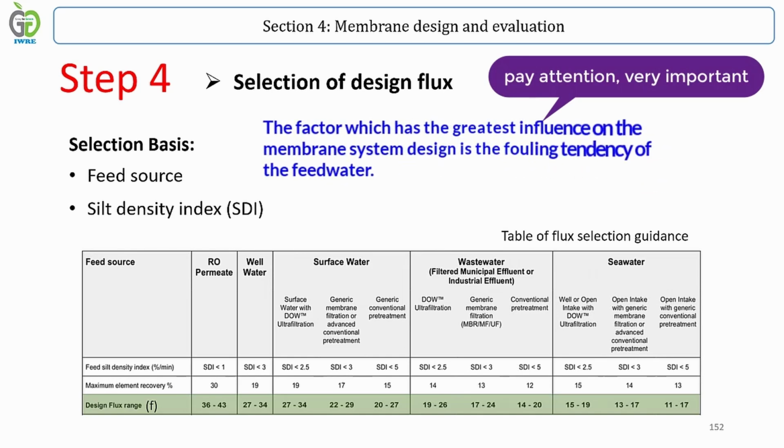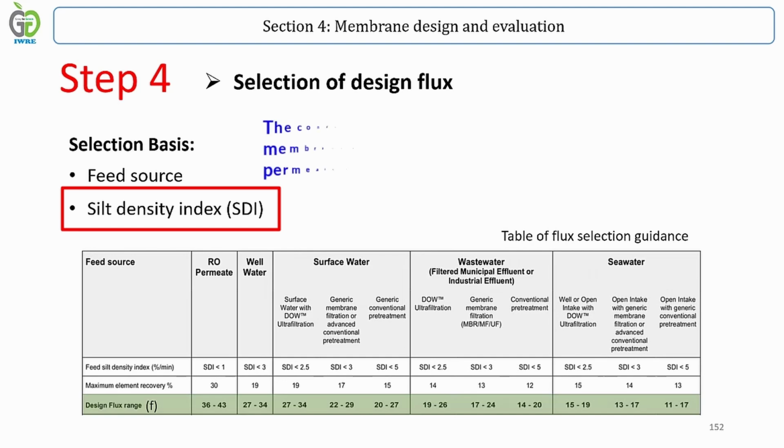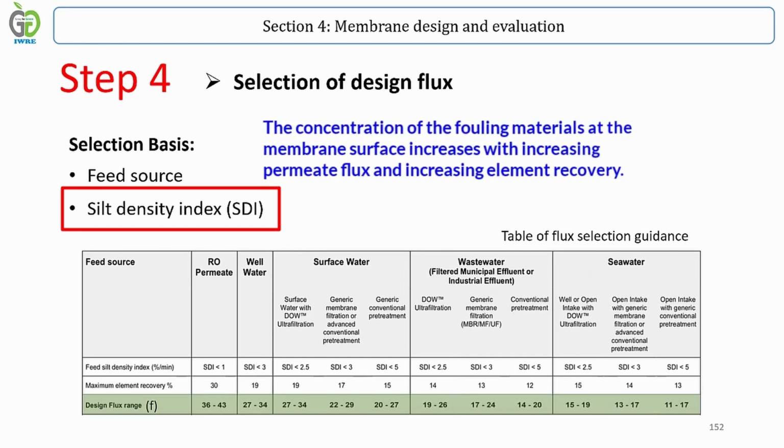The factor which has the greatest influence on the membrane system design is the fouling tendency of the feed water. The silt density index value of the pre-treated feed water correlates fairly well with the amount of fouling material present. The concentration of fouling materials at the membrane surface increases with increasing permeate flux and increasing element recovery.